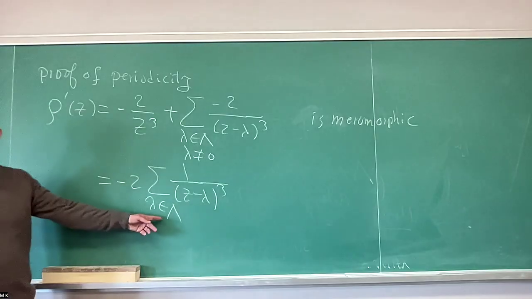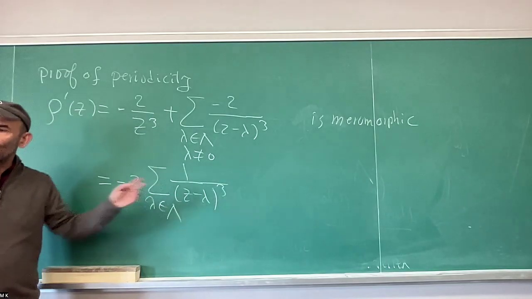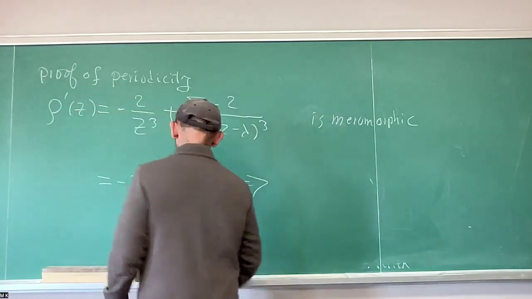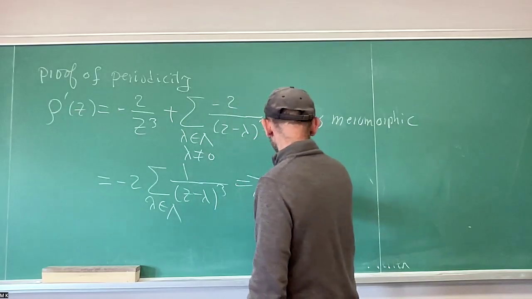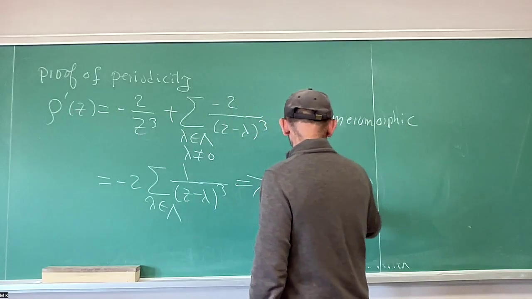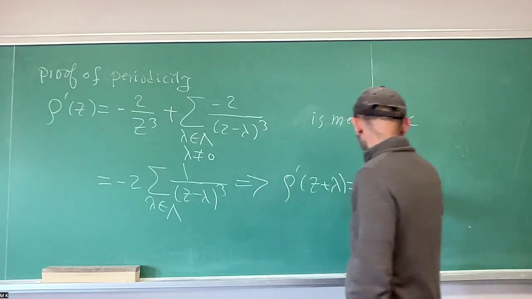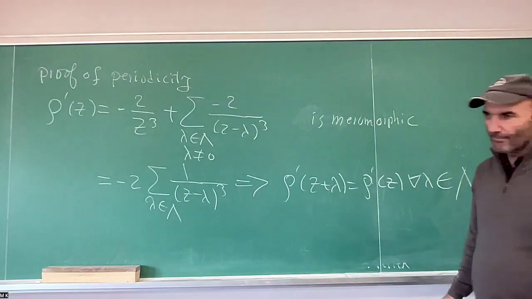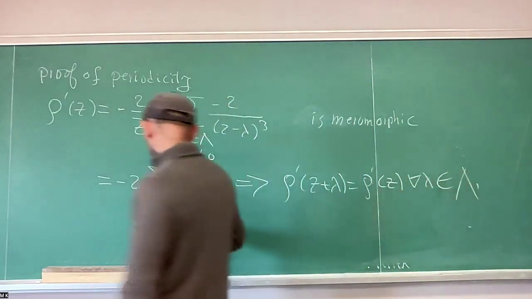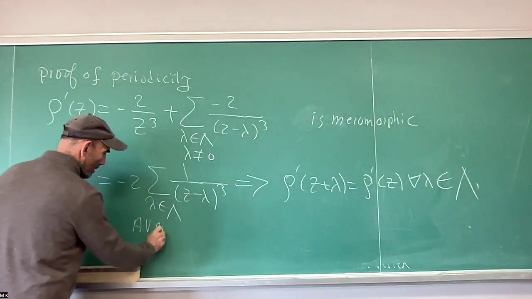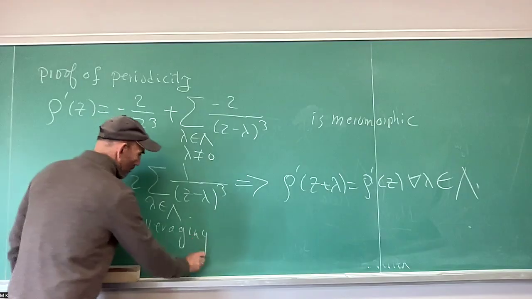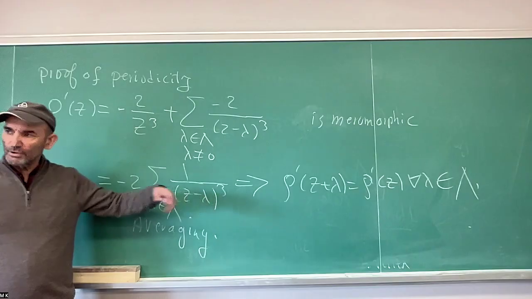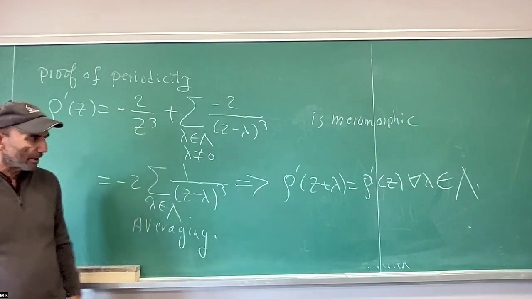And of course, if you look at this, you see that if you translate by any amount in the lattice, you're going to get the same. So it follows that P prime of z plus lambda is equal to P prime of z for all lambda belonging to the lattice Lambda. This is the idea of averaging here. Again, you have to work a little bit to show that the series is convergent and holomorphic; these are elementary.